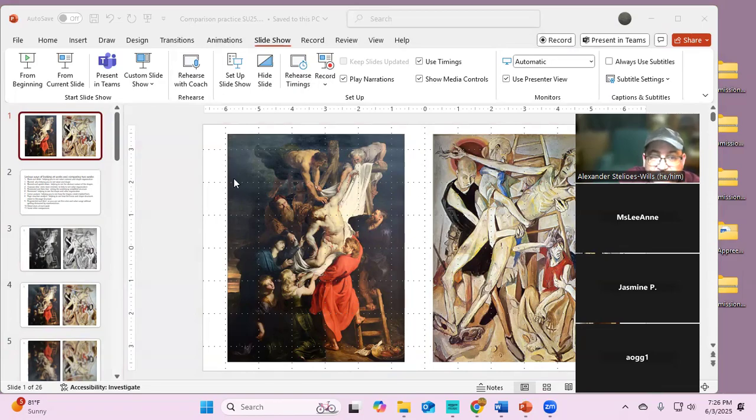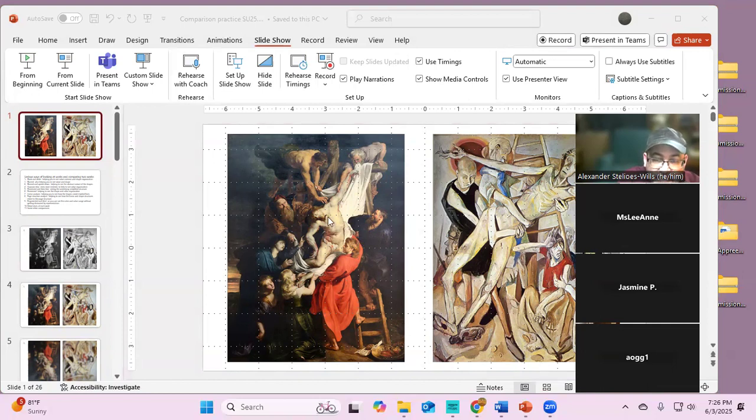And I would say that because Rubens' painting is a Baroque painting, and Baroque painting in general is about contrast, it's specifically about value contrast and about the way light illuminates in dark spaces. And the drama of that.